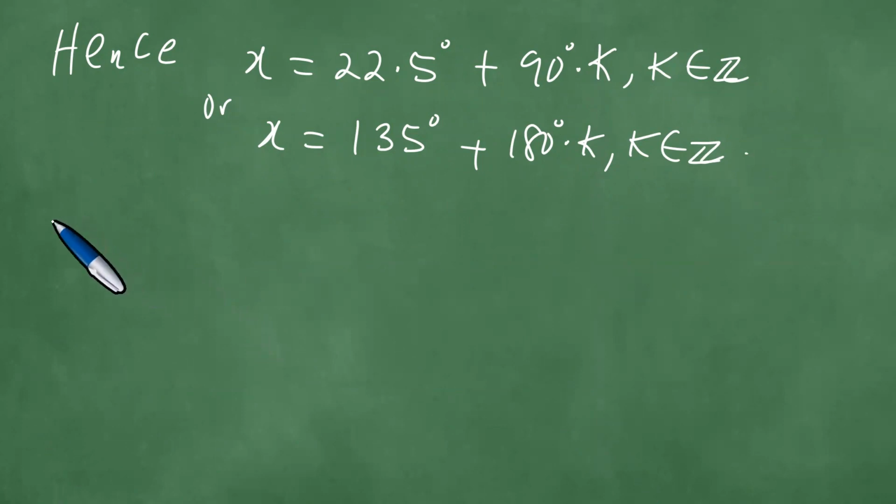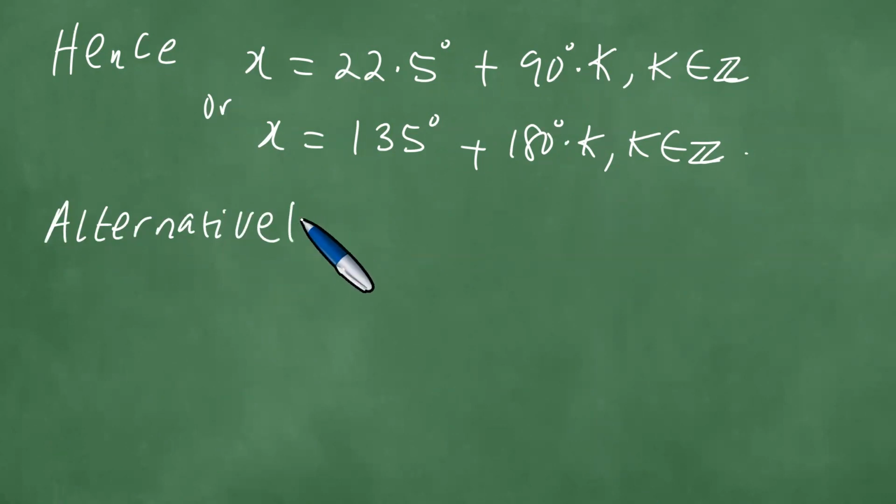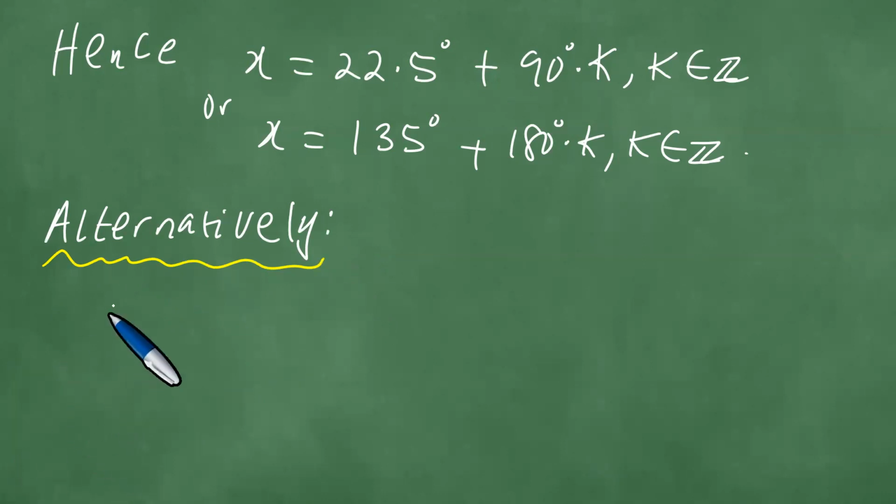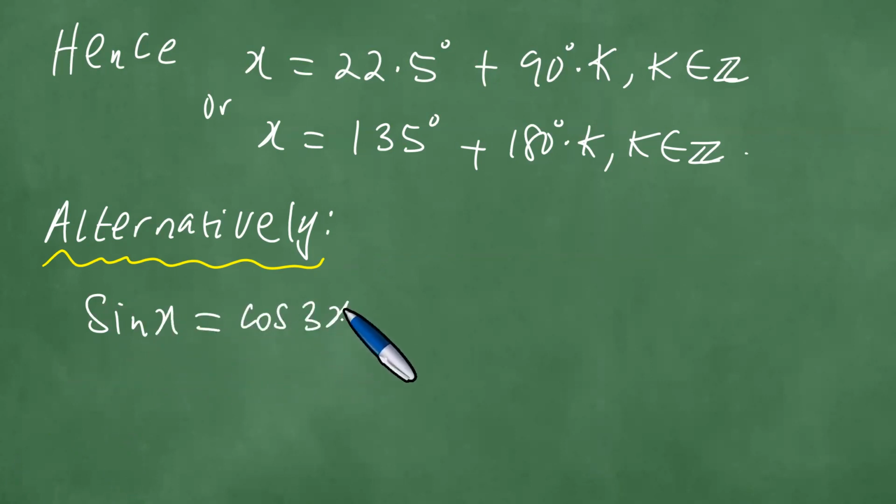Right, alternatively, we have another way of doing the problem. Another student can approach this problem in a slightly different fashion. If you have the sine of x, which equals the cosine of 3x, we can start by writing the cosine of 3x and equate it to the sine of x.